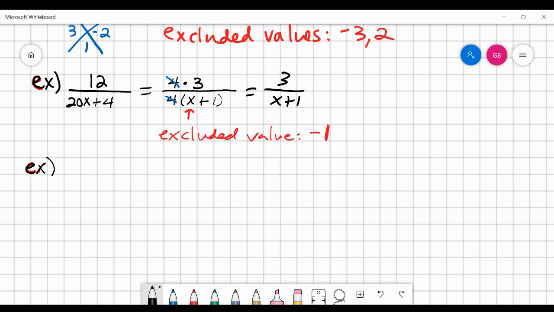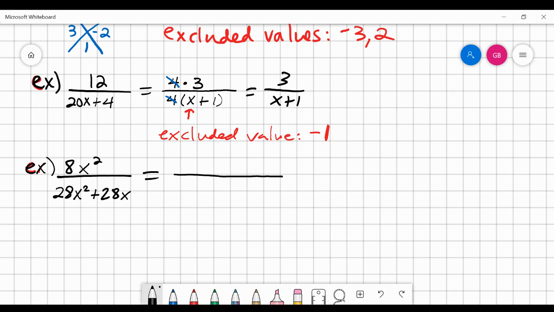Let's see, we have 8x squared over 28x squared plus 28x. Okay, so let's start with the denominator first.